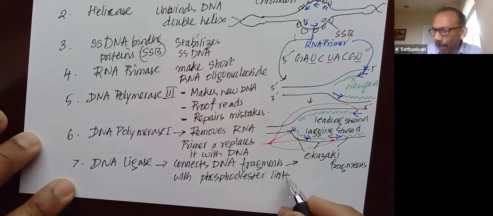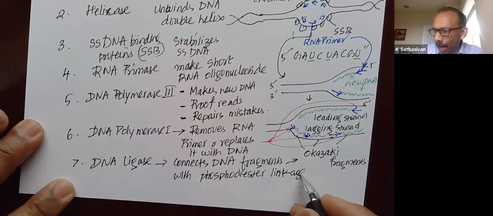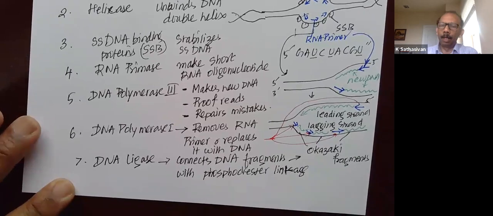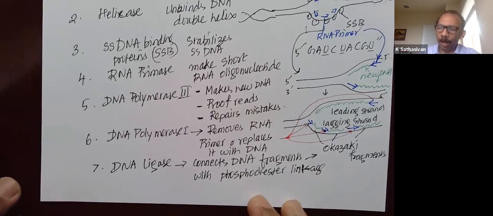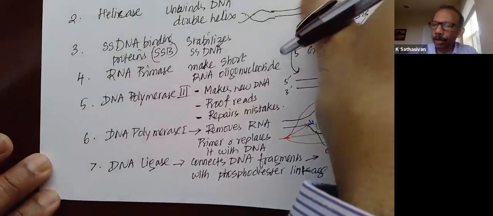The DNA polymerase cannot do that. It can only add one nucleotide at a time, and cannot connect multiple fragments of DNA together.